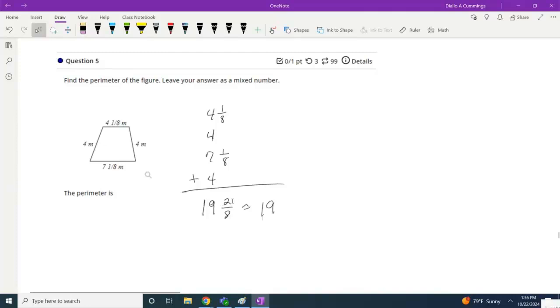If I reduce the top by 2, 2 divided by 2 is 1, and for the bottom, 8 divided by 2 is 4. So our final answer is 19 1/4. For this problem number 5, don't really complicate it. You can just add your fractions, add all your whole numbers, then simplify any fraction.